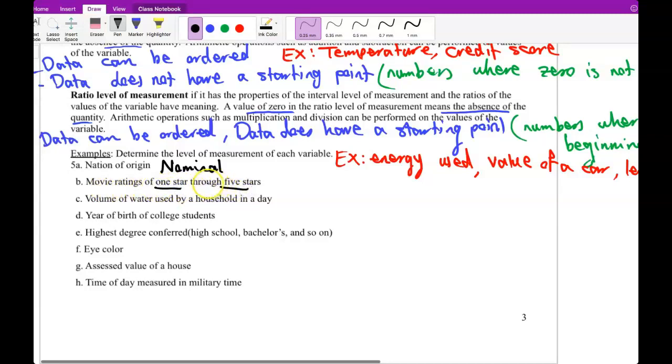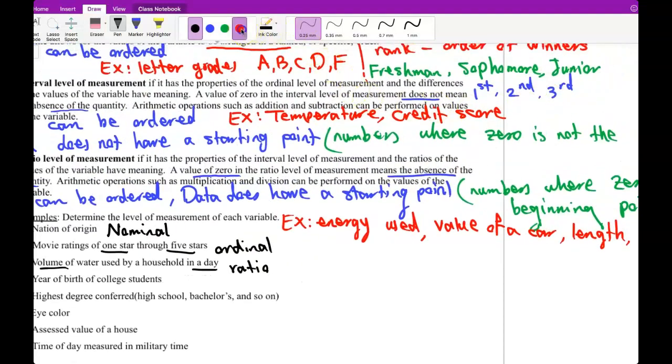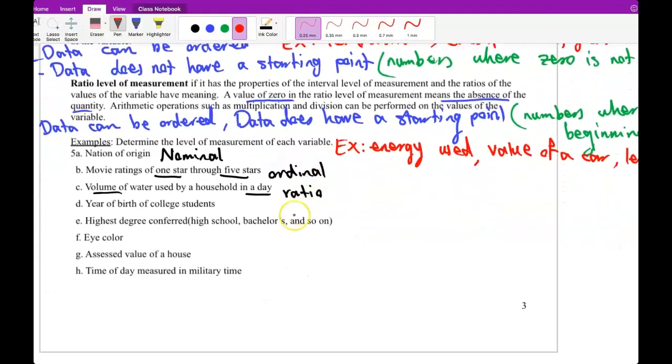You can write them in order, so this is ordinal. C, volume of water used per day. This is ratio. Part D, year of birth. Let me add that one here. This is another example for this part. That is interval.